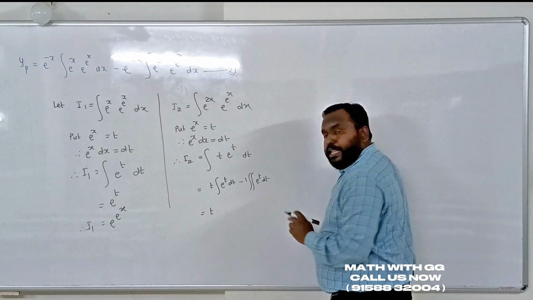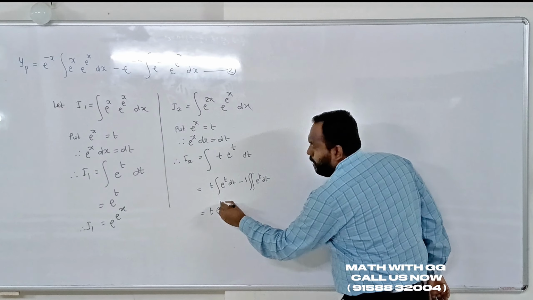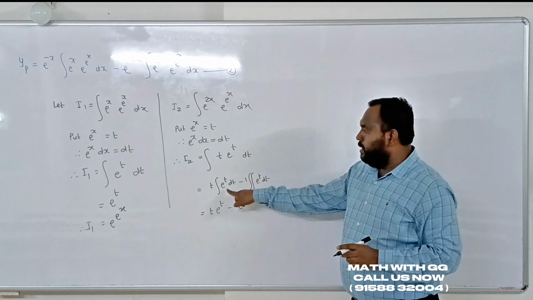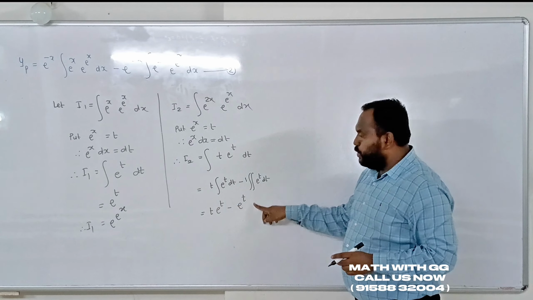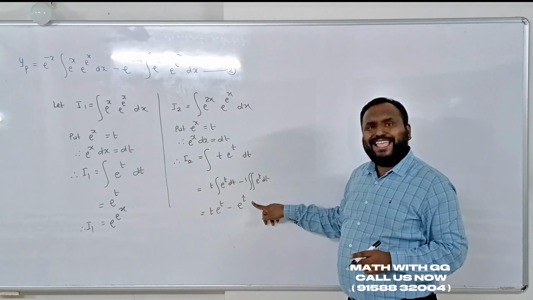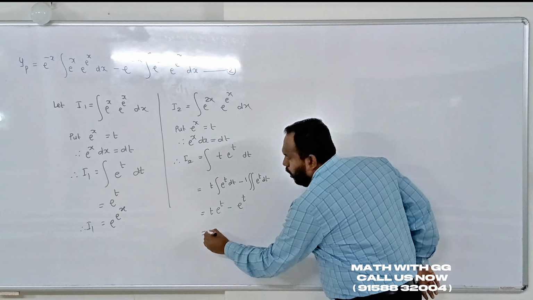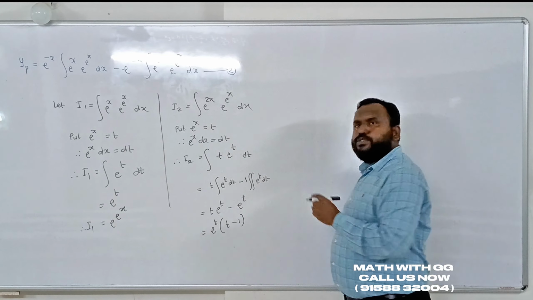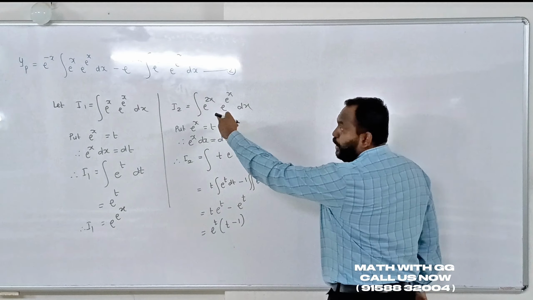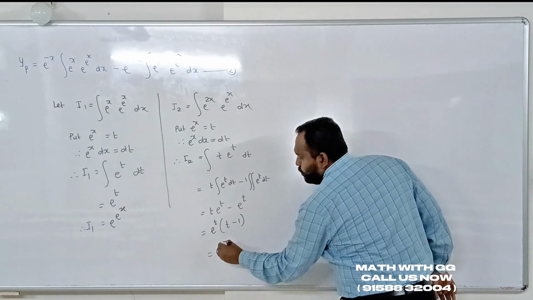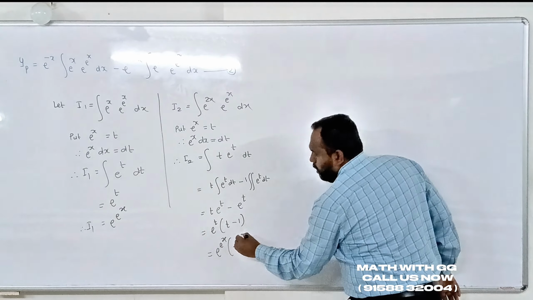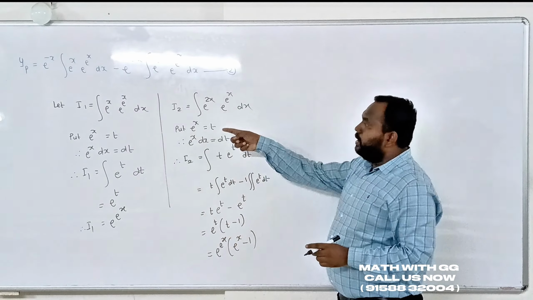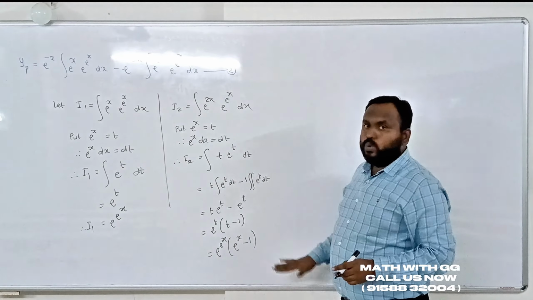The integration of e raised to t is e raised to t, so we get t e raised to t minus e raised to t. Taking e raised to t common, we get e raised to t into (t minus 1). Back substituting the value of t, I2 is e raised to x into (e raised to x minus 1).